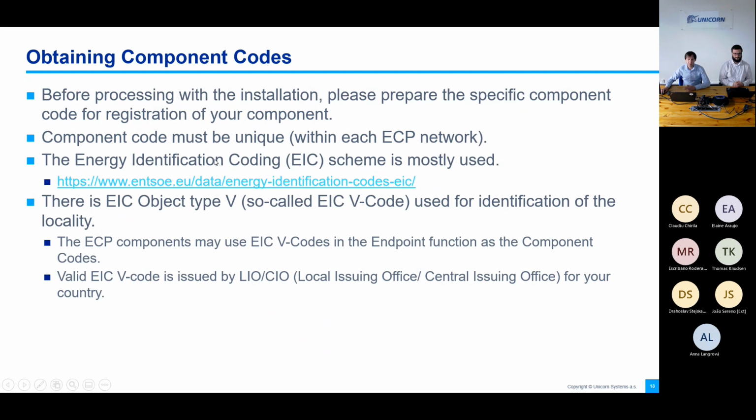Before installing the ECP endpoint, you also need to obtain component codes for your components. The component code must be unique within each ECP network, and usually you need to contact your local issuing office or central issuing office for your country to get this new code for the production environment.